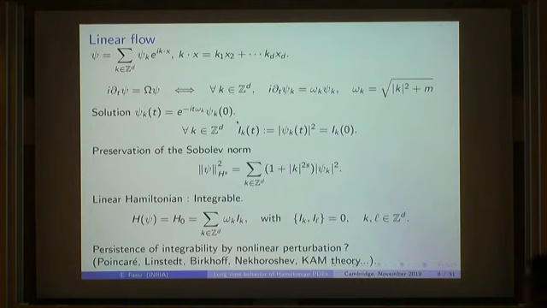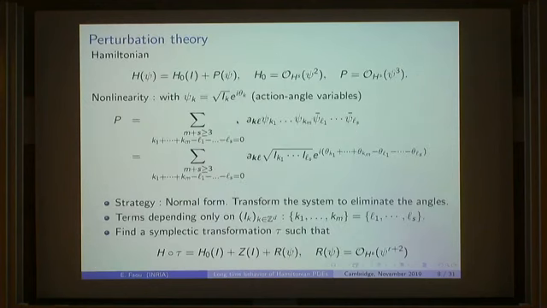So now the persistence of the stability of such a system relates to questions of nonlinear stability of integrable systems. So this goes back to Poincaré, Birkhoff, and so on, KAM theory. But here in an infinite dimensional setting. So how do we do? What is the general goal?